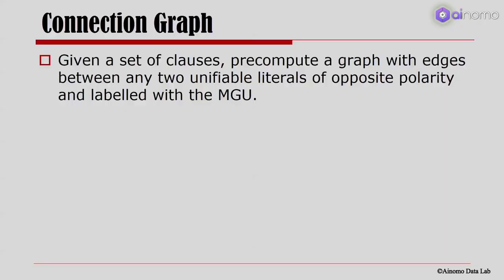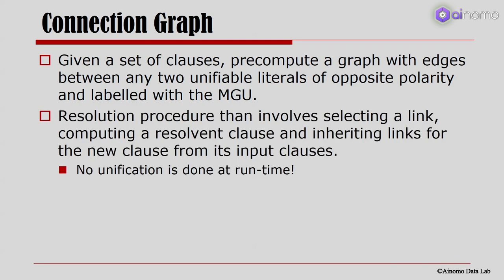There is another trick of using what is called a connection graph. If I am given a set of clauses, I can pre-compute a graph with edges between any two unifiable literals of opposite polarity and label with the most general unifier. Resolution procedures that can be used involve selecting a link, computing a resolvent clause, and inheriting links for the new clause from its input clauses.